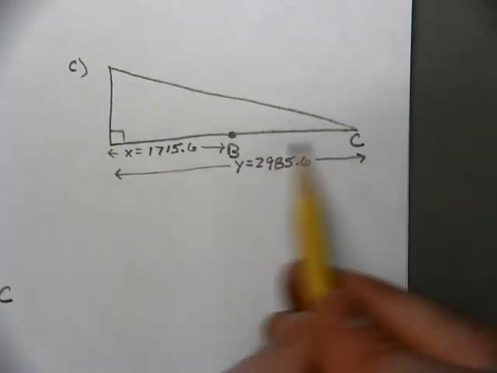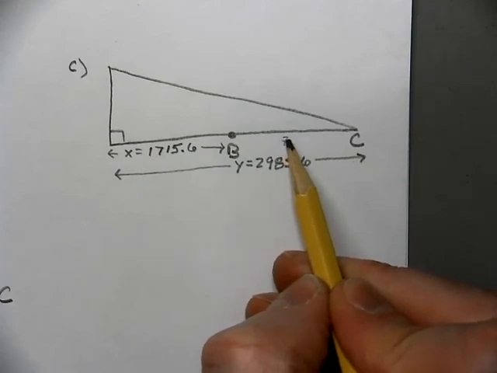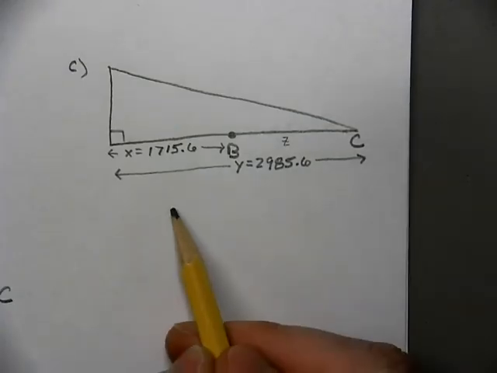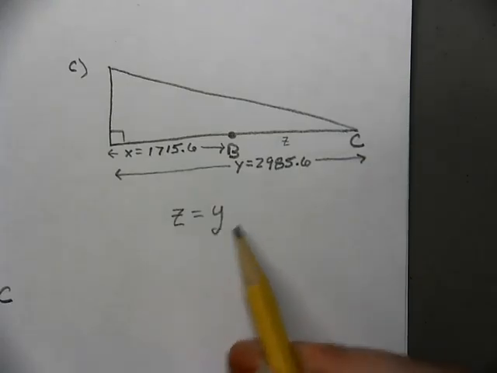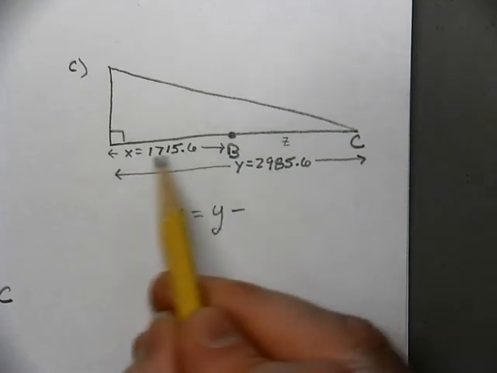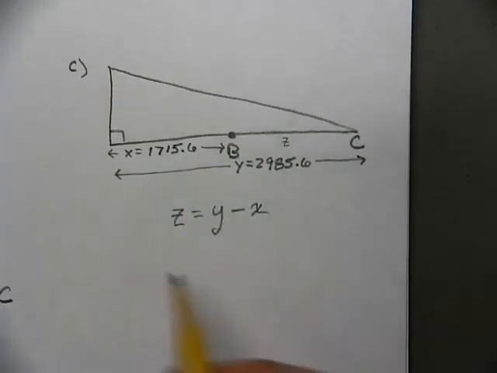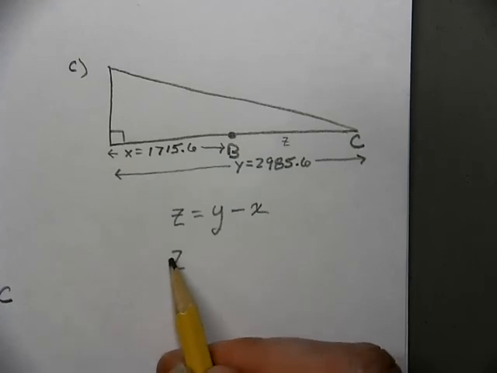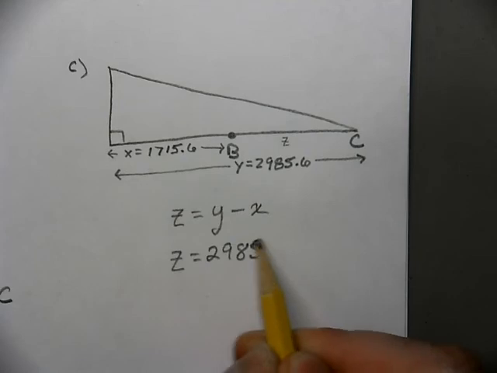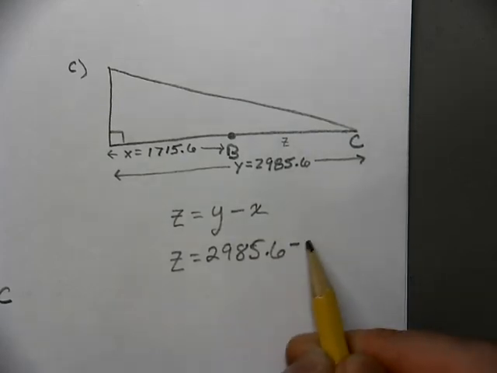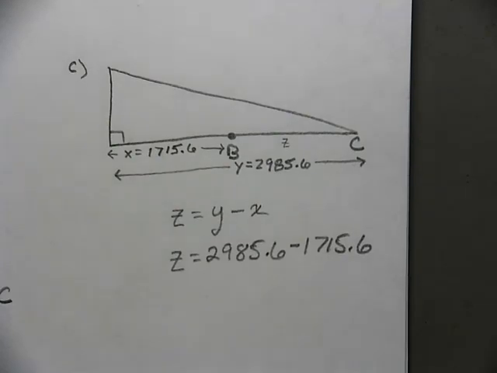So to figure out the distance in between, which is like this value z, we know that the z value is going to be equal to this total value minus the little bit extra. So the distance between them is going to be 2,985.6 minus 1,715.6.